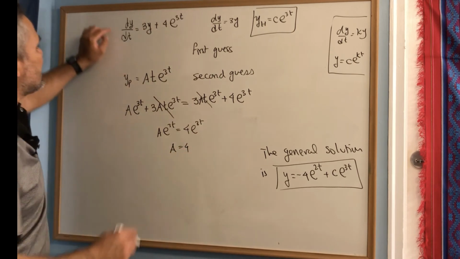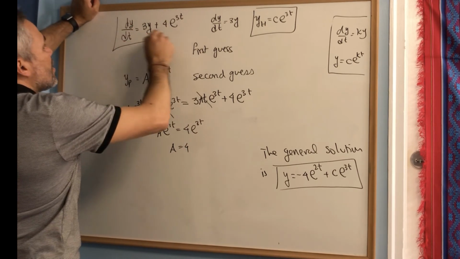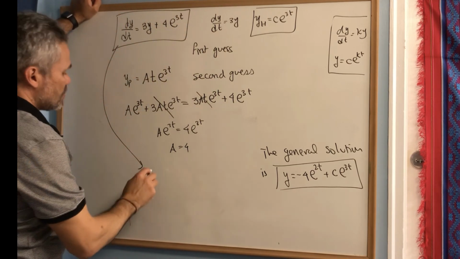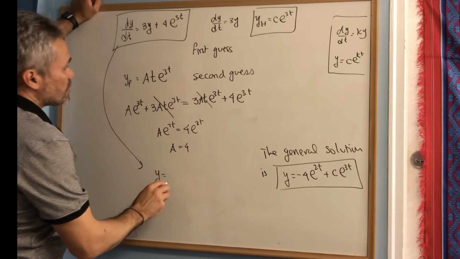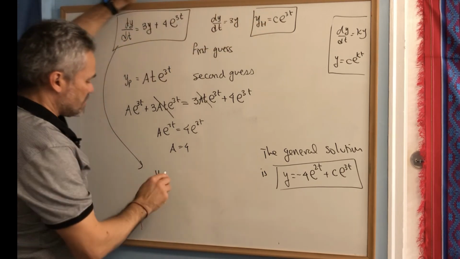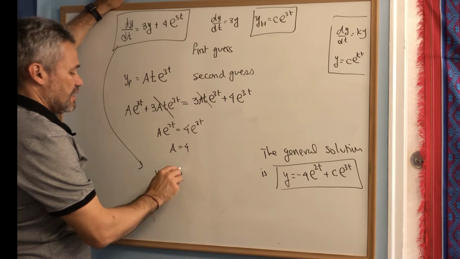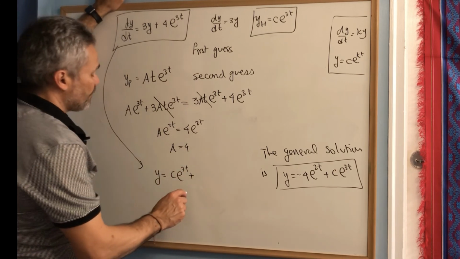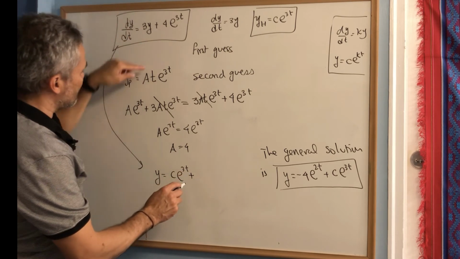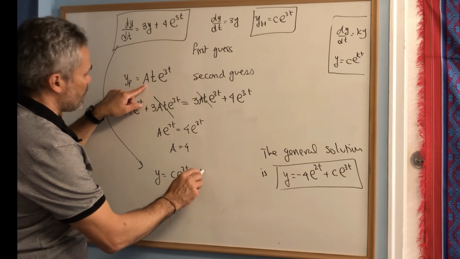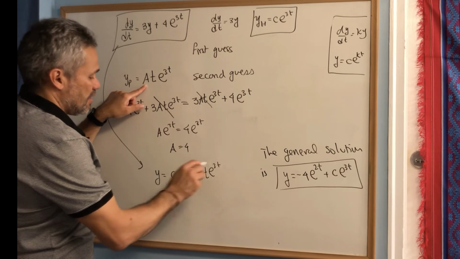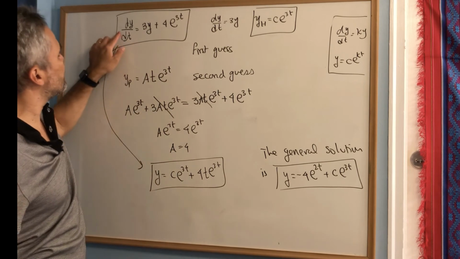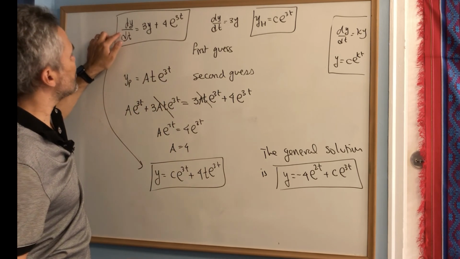That means that the general solution of this differential equation is y equal to the solution of the homogeneous, c e to the 3t, plus the particular solution, which is 4 times t e to the 3t. This is the general solution of this non-homogeneous linear equation.